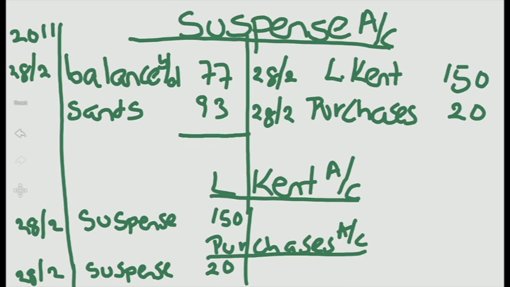Let me quickly show the balancing of our suspense account. It's 170. Isn't it our suspense account balancing now? We did not have to force the suspense account to balance, but we had to follow the principles of recording in the books of account.